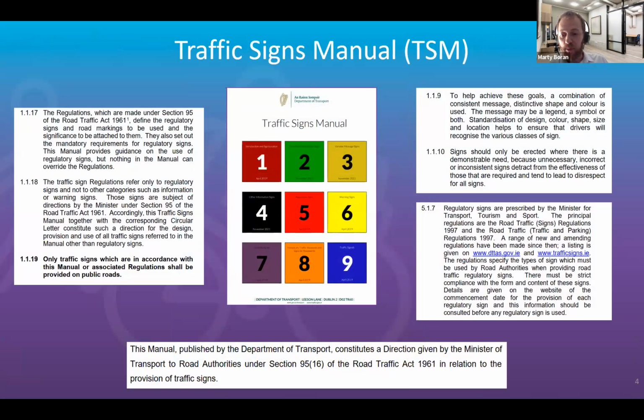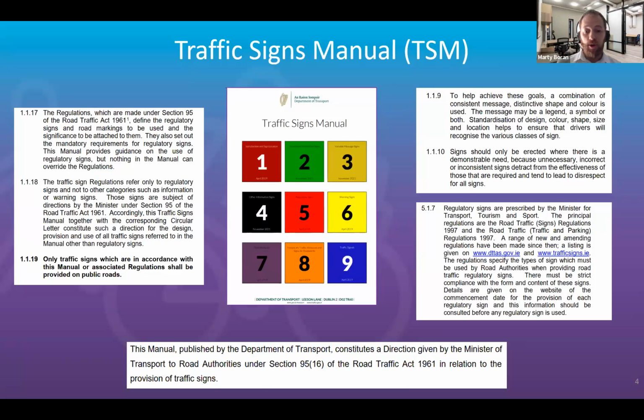And the underlying objective of the TSM is to drive consistency. So consistency in application of our signs, our road markings, our traffic signals. And you might ask yourself, why do we need consistency? It's really around legibility for road users. We need to think about it from the end user's perspective here, and consistency is key on that front.